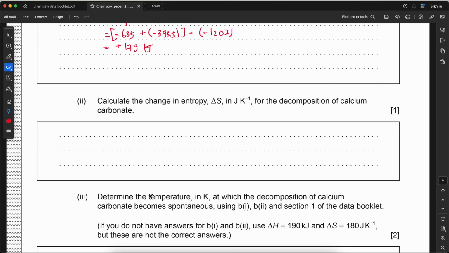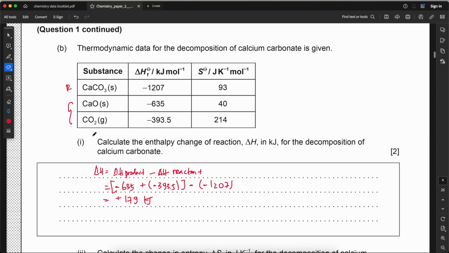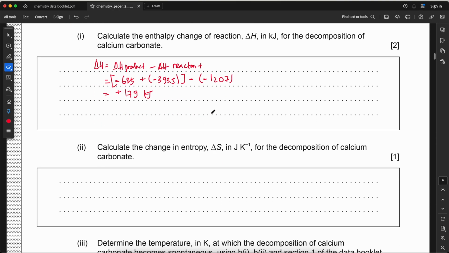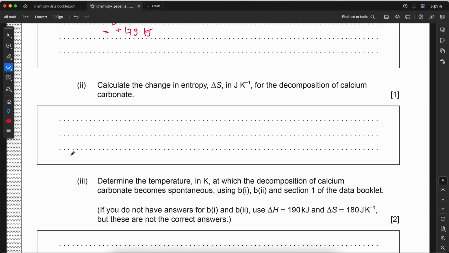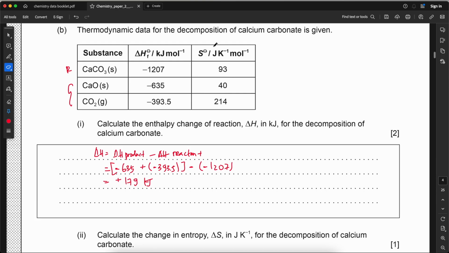Calculate the change in entropy, delta S, in J per K for the decomposition of calcium carbonate. The data is also given here. So delta S will be delta S products minus delta S reactants. You can refer later to this data.